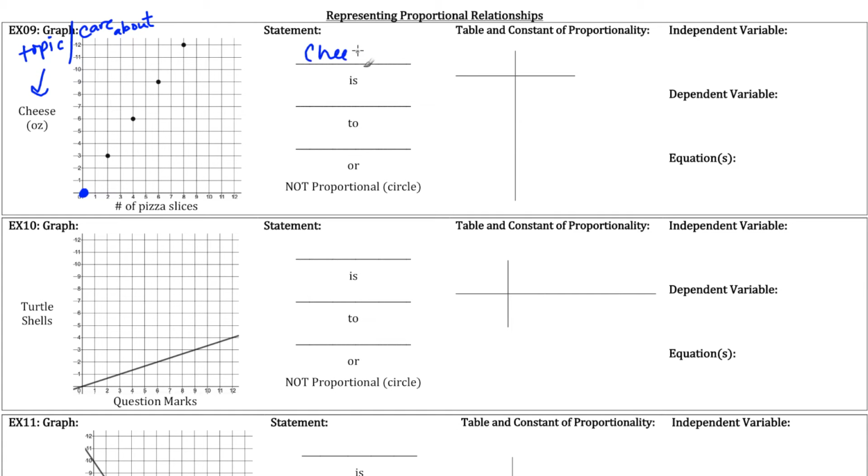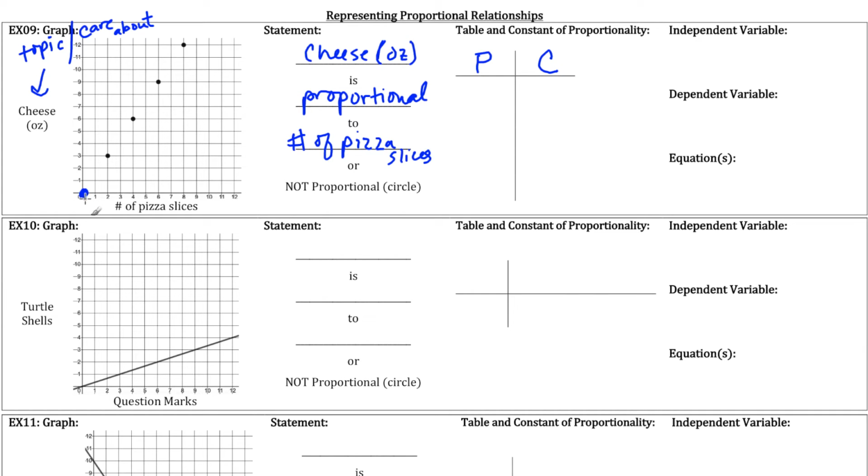The cheese measured in ounces, it's really the amount of cheese, but that's fine, is proportional to the number of pizza slices. So the cheese is proportional to the number of pizza slices. Okay, that's not too bad.